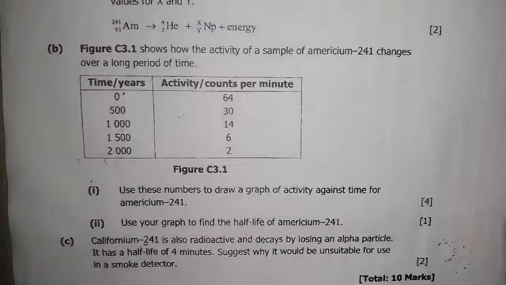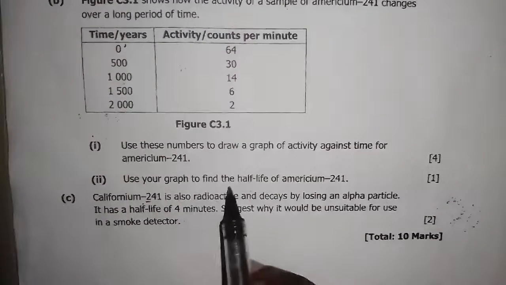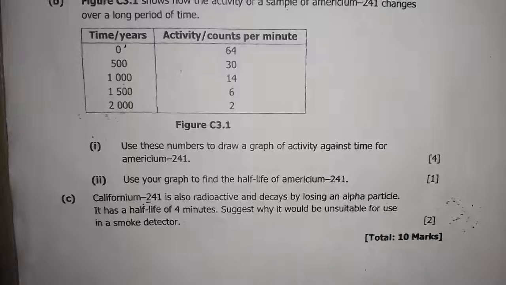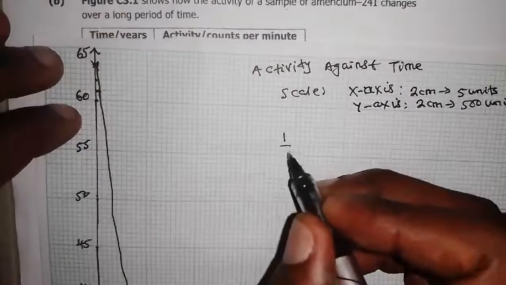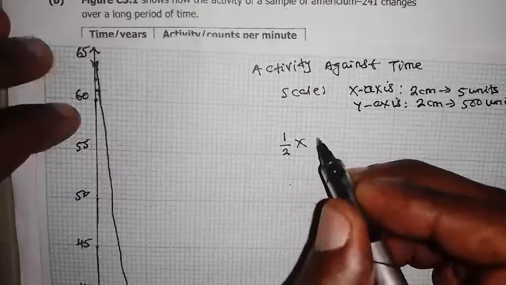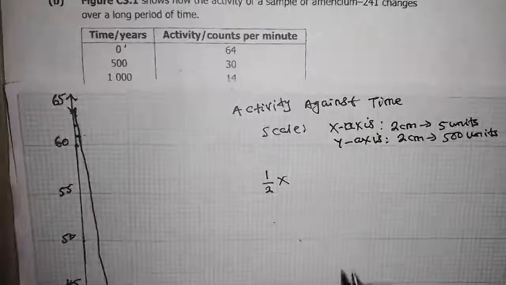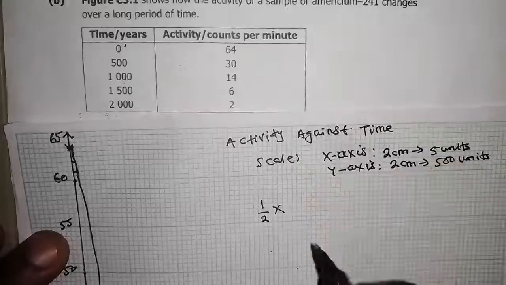The other question is use your graph to find the half-life. When you're finding the half-life, all you have to do is the half-life is 1 over 2 multiplied by the highest number of the activity, which is 64.